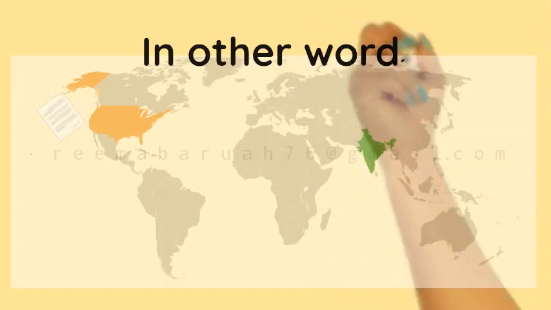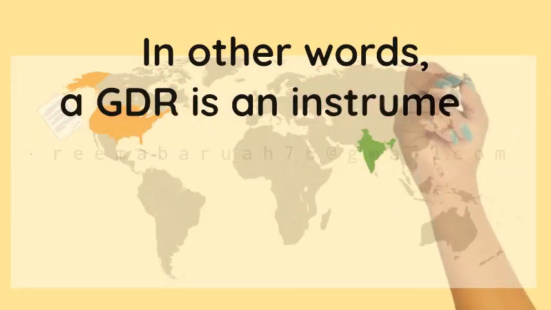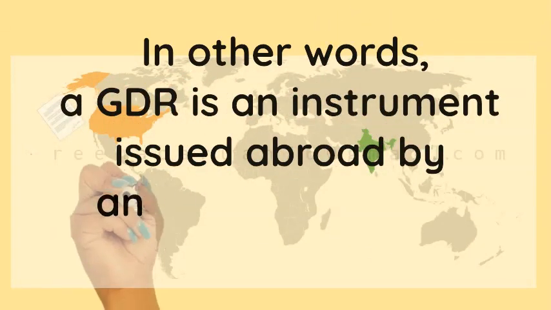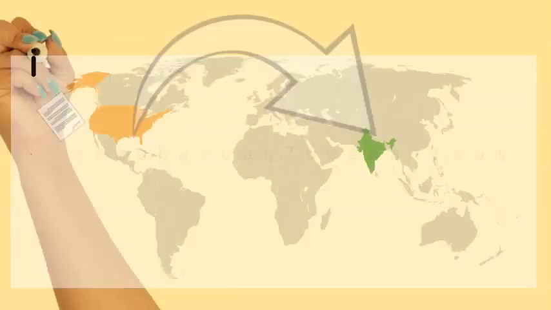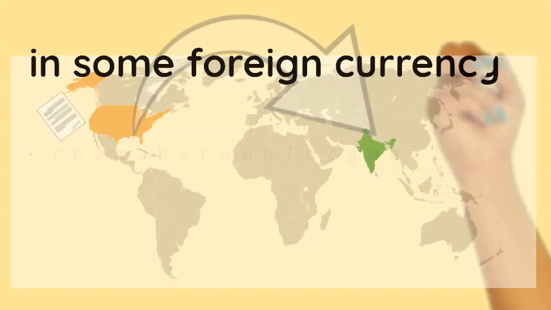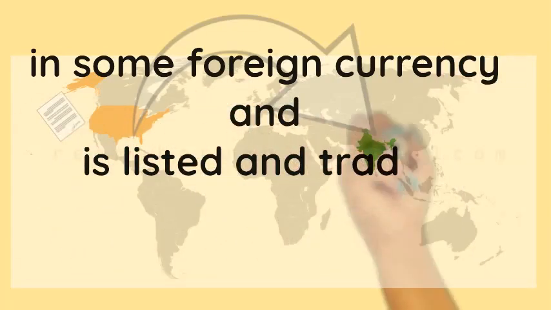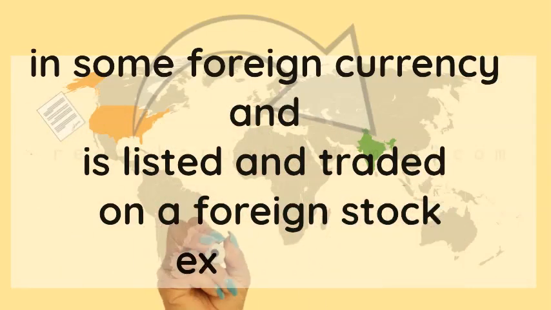In other words, a GDR is an instrument issued abroad by an Indian company to raise funds in some foreign currency and is listed and traded on a foreign stock exchange.